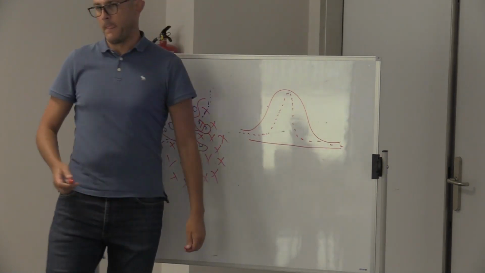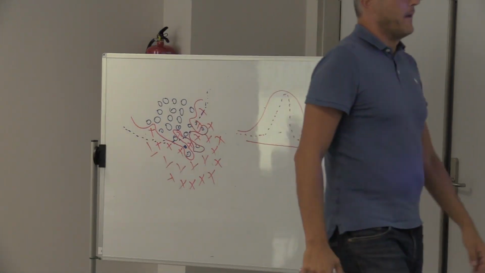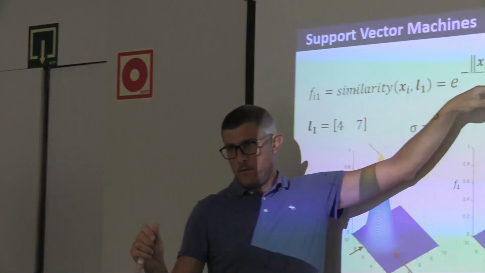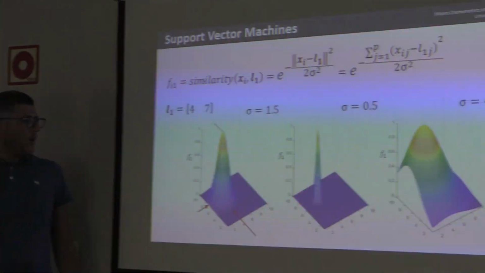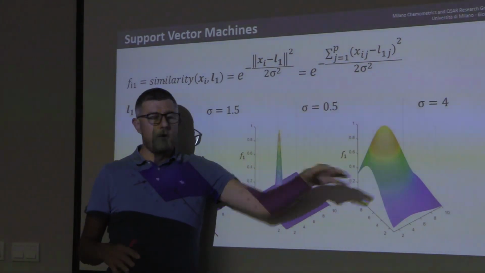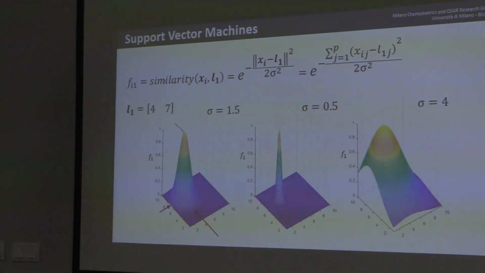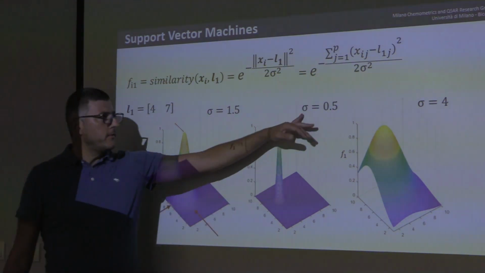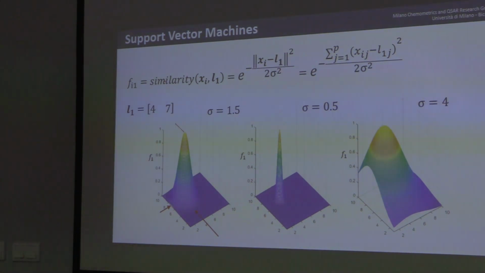It's the same, but here we have to define what sigma is, and so you can do it more specific or more generic. We can start by saying that the lower sigma is, the higher the probability you overfit your data.